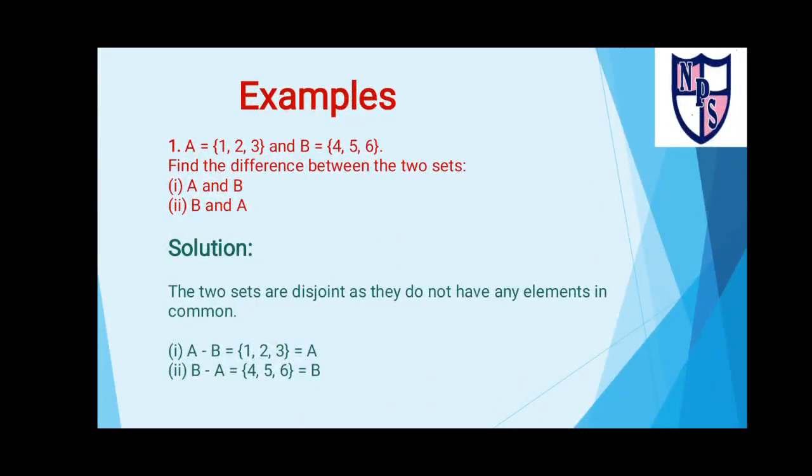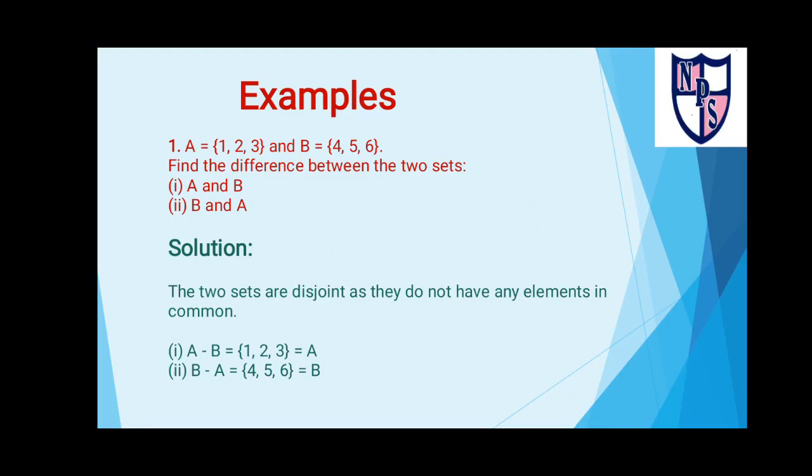Here are examples of difference. We have set A and set B, and we have to find out the difference of A and B. Similarly, difference of B and A. As both the sets are disjoint, we have nothing in common. So for A minus B, the answer will be set A itself.